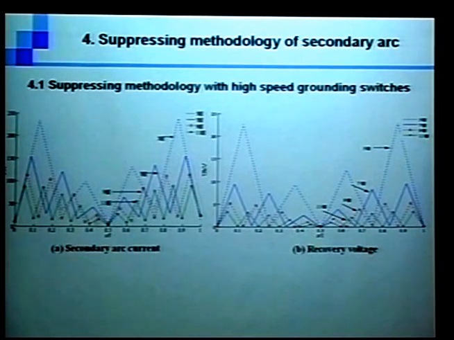You can see these two figures: the left one is the second arc current, and the right one is the recovery voltage after the arc extinction. With different sets of high-speed grounding switches you get different results, which means the distribution of the high-speed grounding switches can be optimized, with a view to reduce the secondary arcs and the arc reignition.